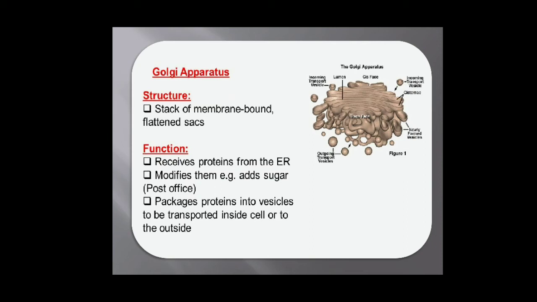The proteins or fats or lipid molecules formed by the endoplasmic reticulum are packed by the vesicles present in the Golgi apparatus and transported from one part of the cell to another. As these organelles were identified by Camillo Golgi in the cytoplasm, they are named after him as Golgi apparatus or Golgi complex.